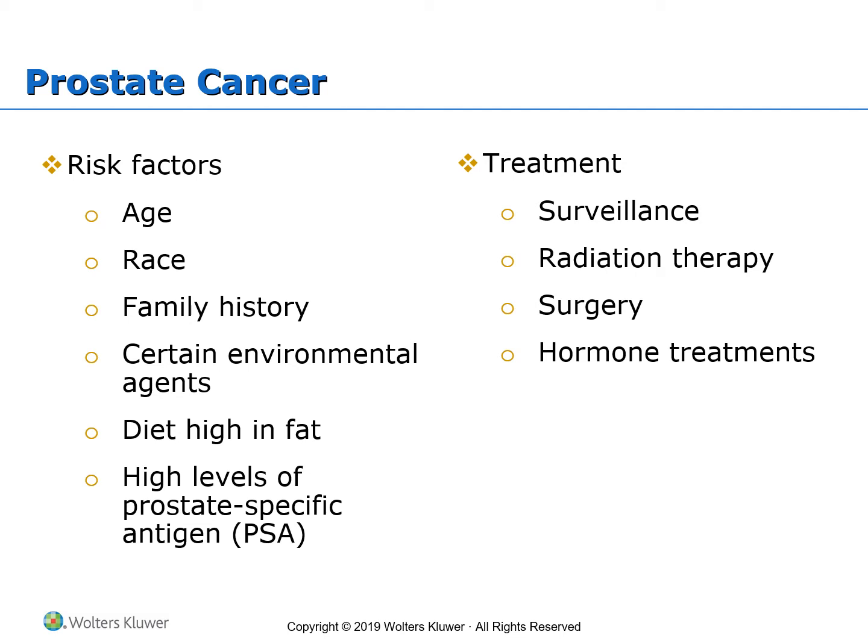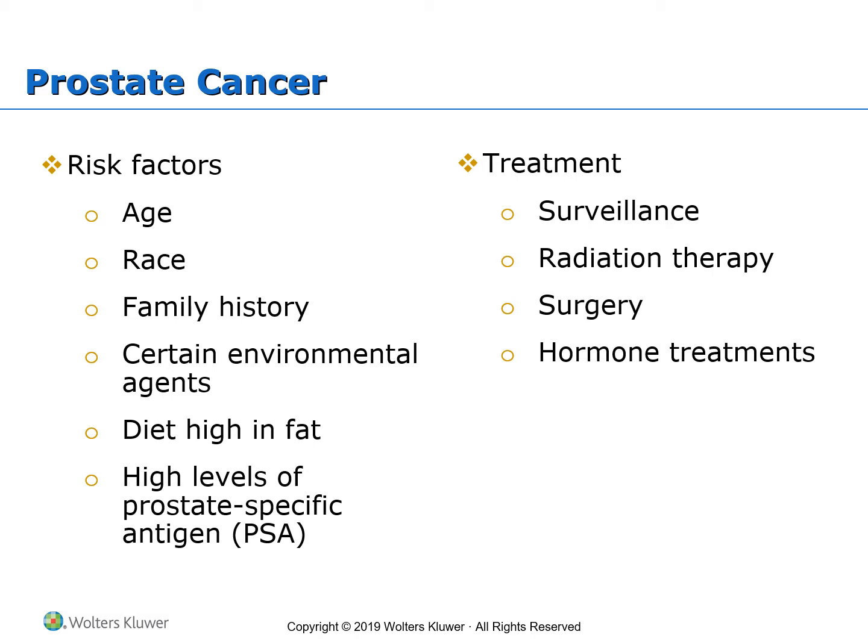It can be diagnosed while performing a rectal examination. In addition to that, the patient can have a blood test done to determine the prostate specific antigen, which will not give a diagnosis of prostate cancer.